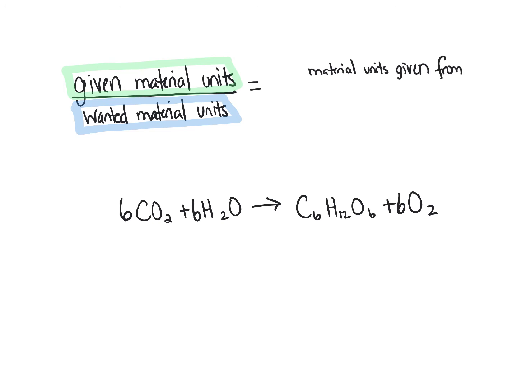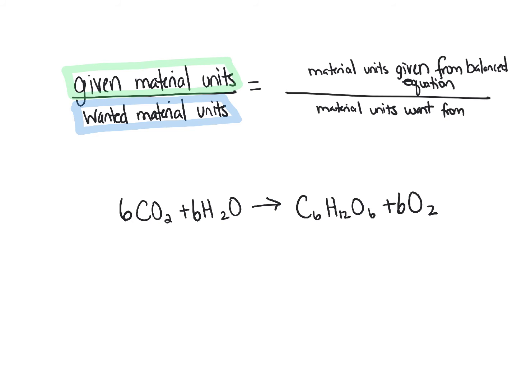So you have to look at that. And then on the bottom, you put your material and your units that you want from the balanced equation, the information from the balanced equation.